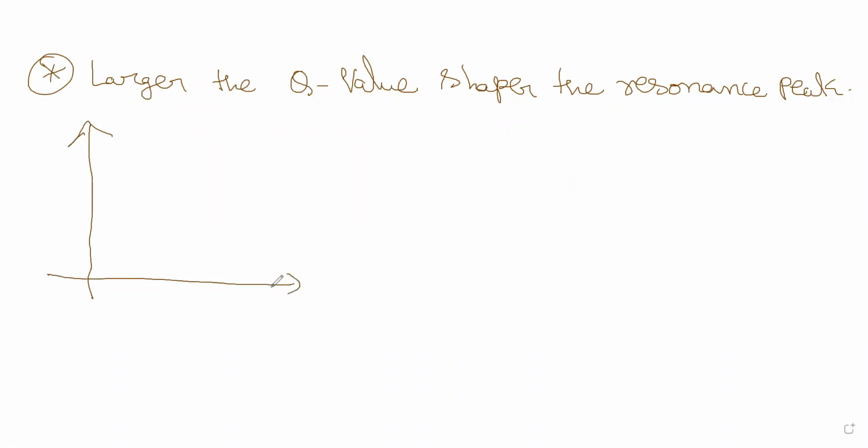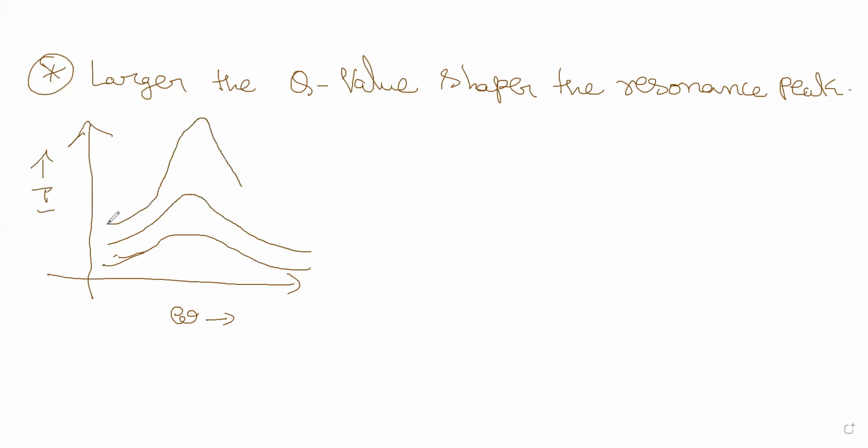This is the I versus omega curve. Current versus frequency curve is what we check. So this is a broad one for a low Q value, little bit sharper and even more sharper.